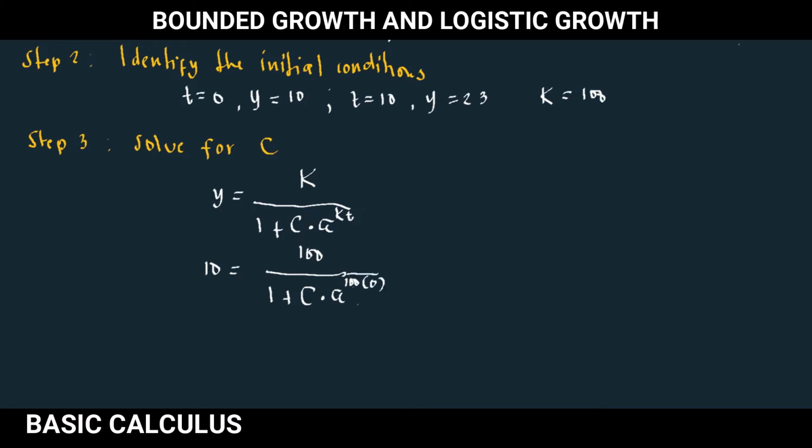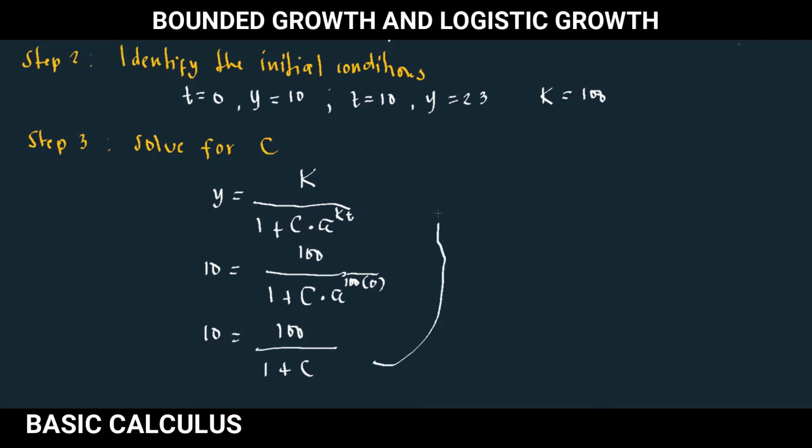Then let's simplify this one. We have 10 is equal to 100 all over 1 plus C, since a raised to 0 is just equal to 1. Let's continue.